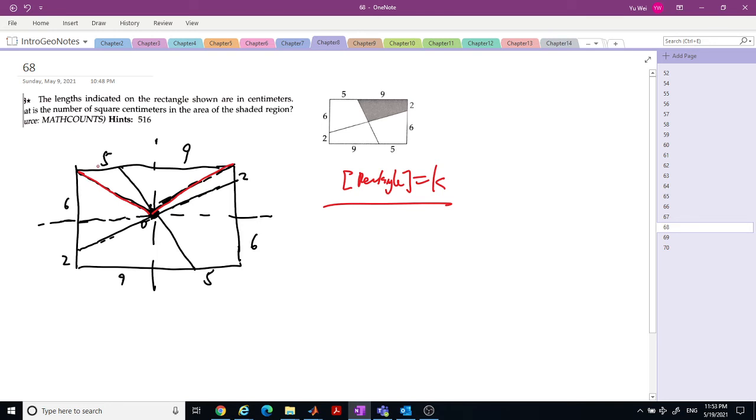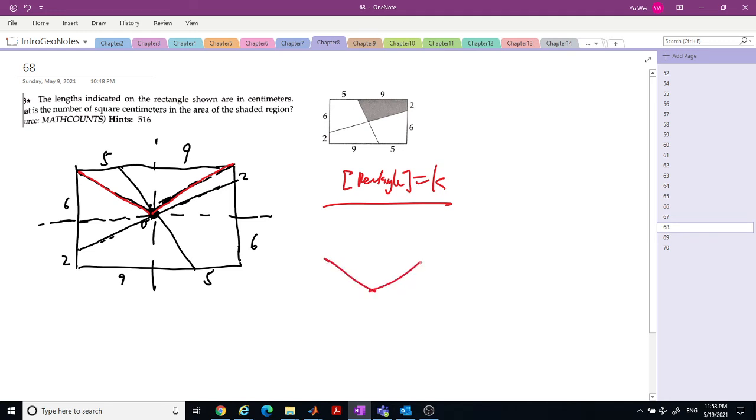So you can see this triangle is half of K. This red triangle is a quarter of K, right?